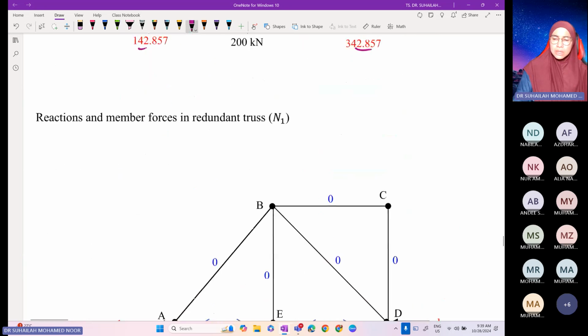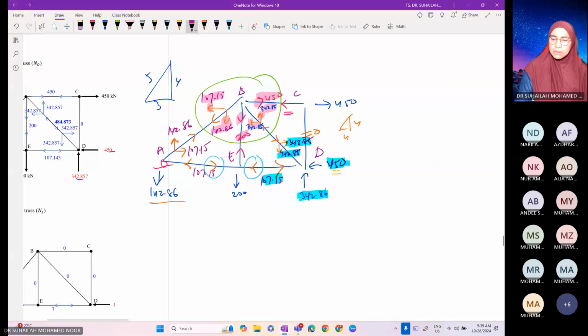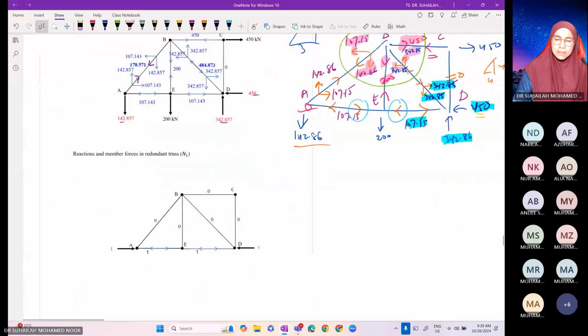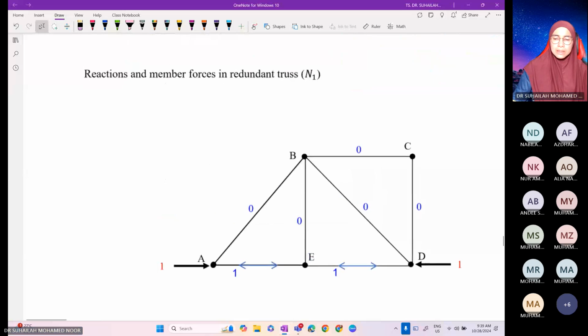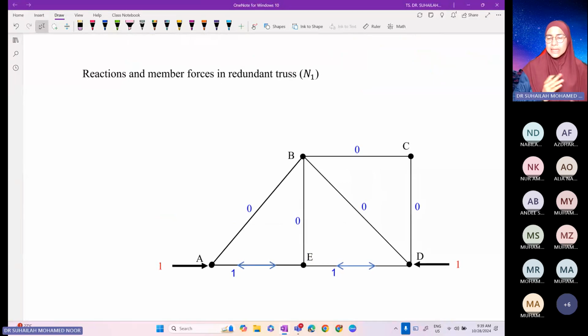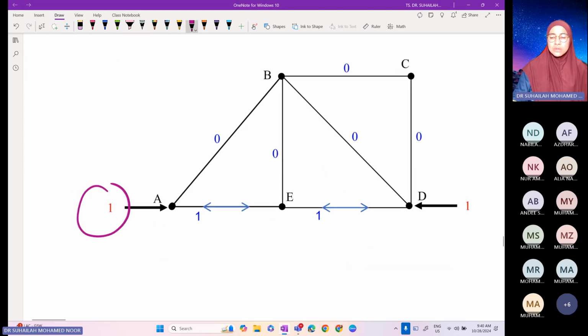Okay, so now kita dapat yang lain. Dah settle N naught. Tadi N naught sebab dia primary thrust, move to N1. N1 redundant thrust. A unit value of AX. So ini dia punya redundant. A unit value of AX sama juga. So kalau macam ni, kita takkan dapat nilai AY dengan DY.